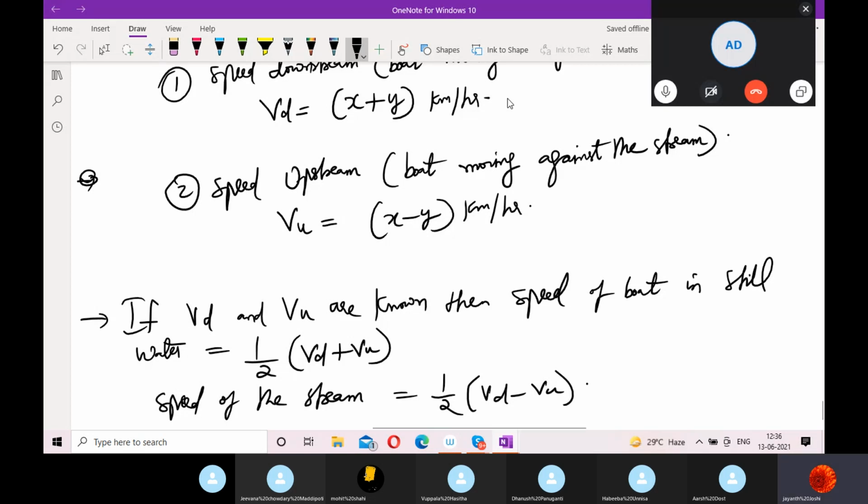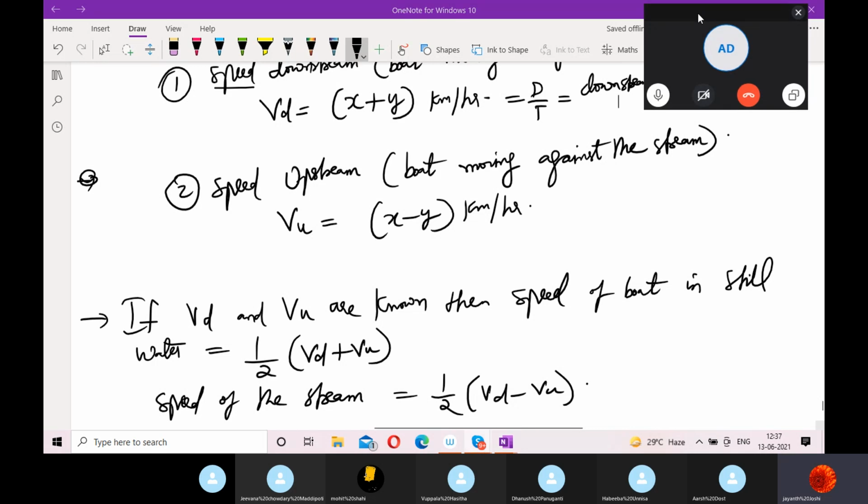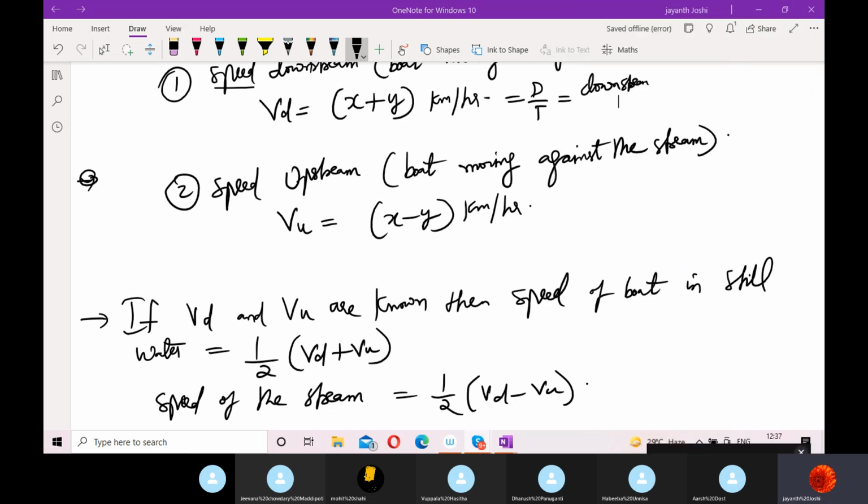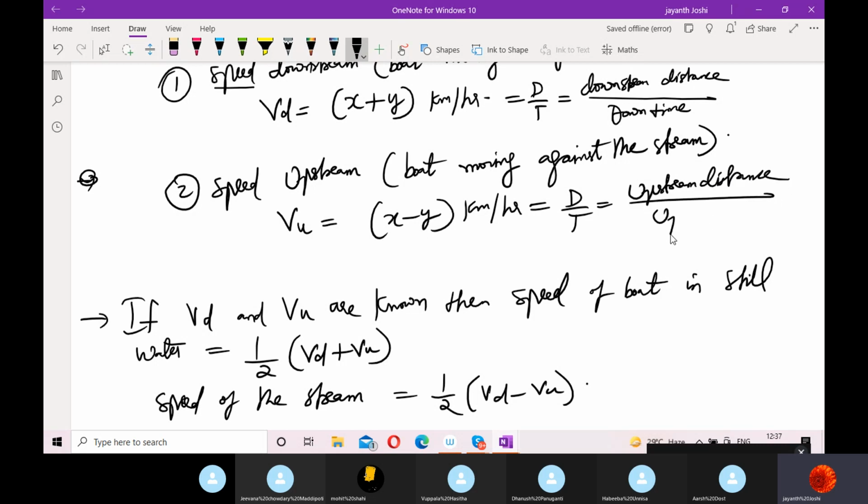And already you know this, the speed formula is distance by time. So what distance here? Downstream distance by downtime. And this is distance by time again, upstream distance by uptime.